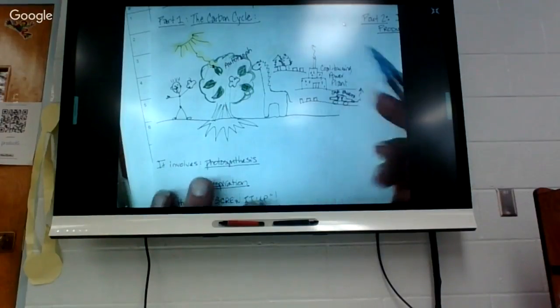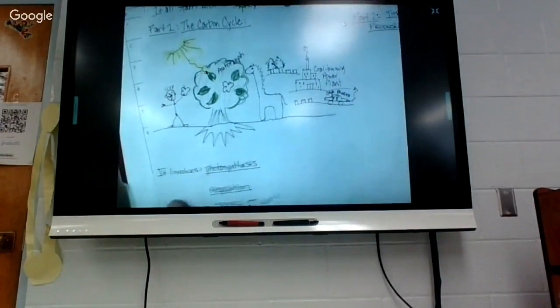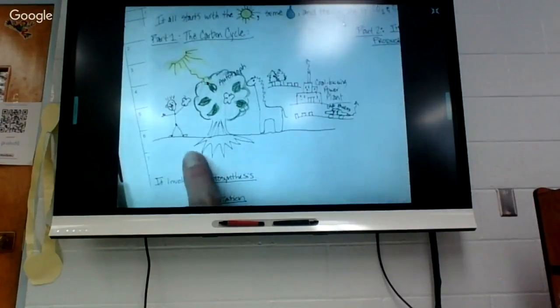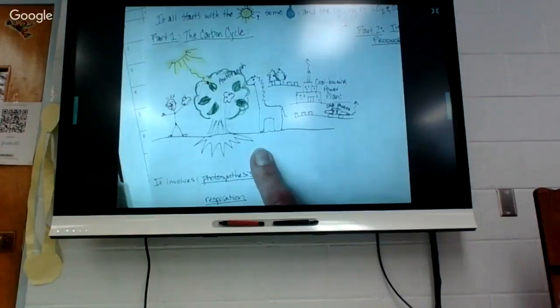So let's go ahead and take water. Let's highlight our water droplet. And what we're going to do is go down in the roots, because the roots not only anchor the plant, but they help it take up water by osmosis. And actually it uses, what do you think? It's got to literally pump the water all the way up to the tippy top of the plant.